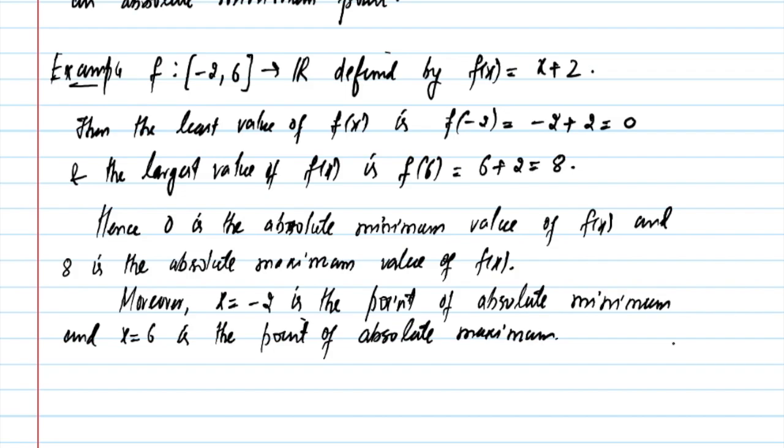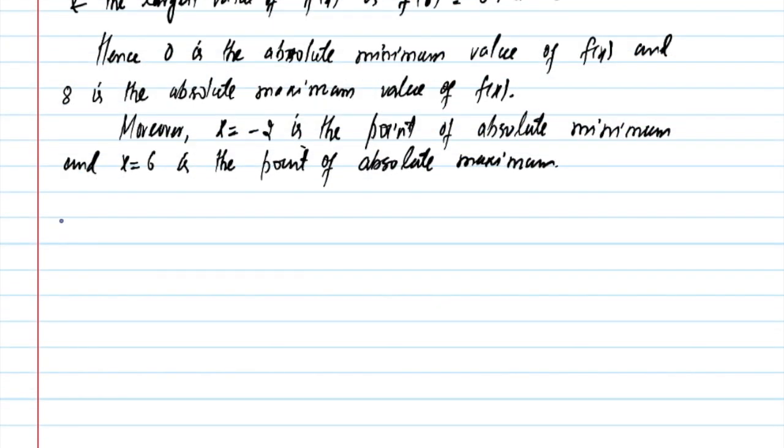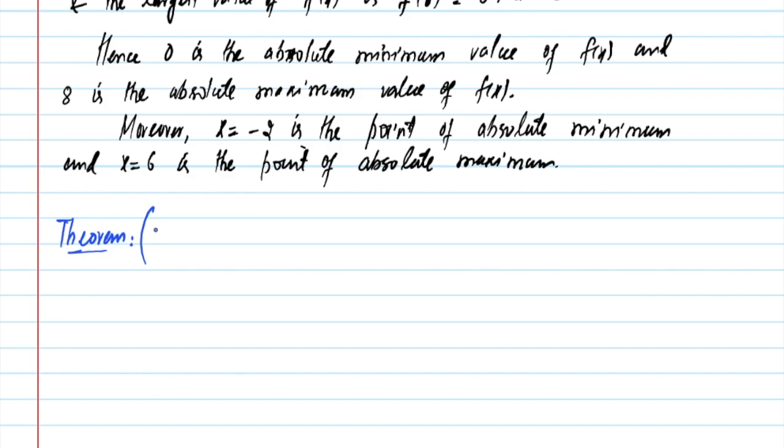Now we shall come to the extreme value theorem, or the minimum maximum theorem, and then take its proof. So now here we have a theorem. This is known as the maximum minimum theorem, or the extreme value theorem.